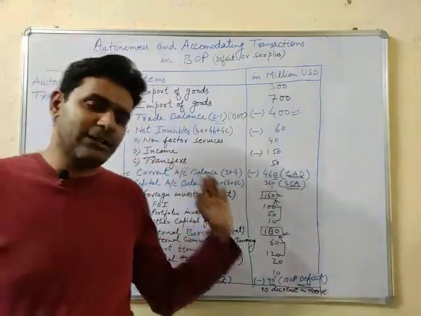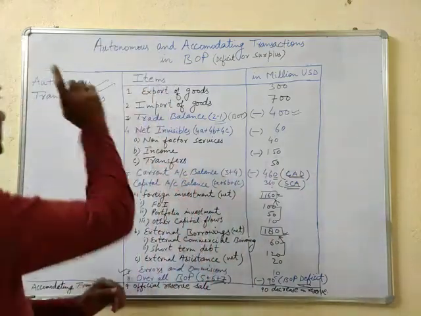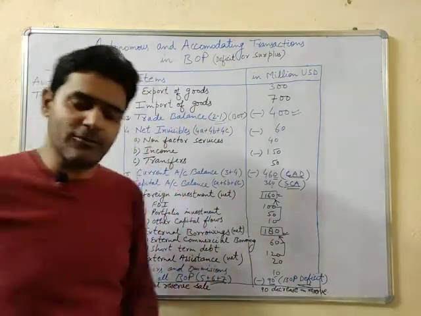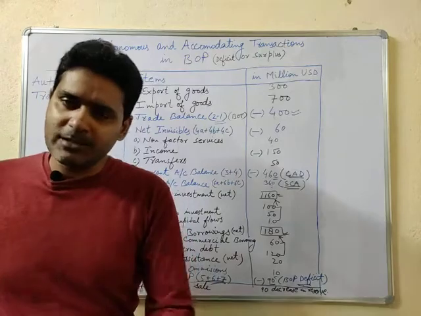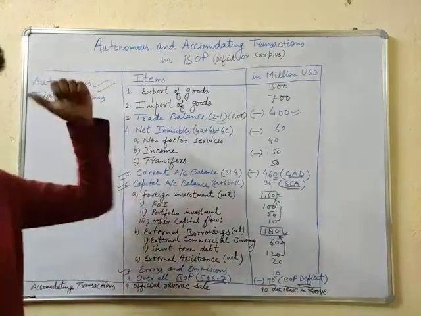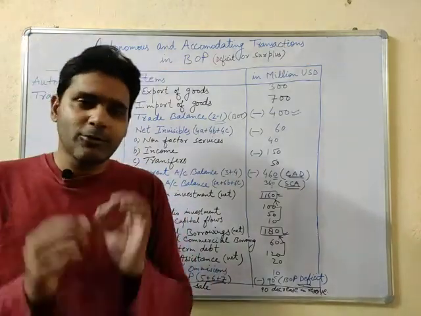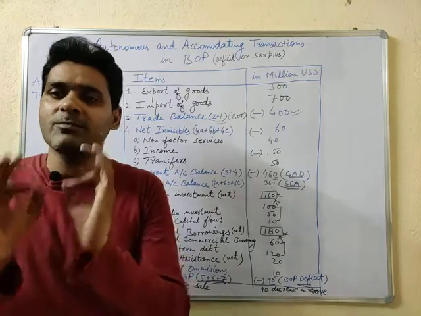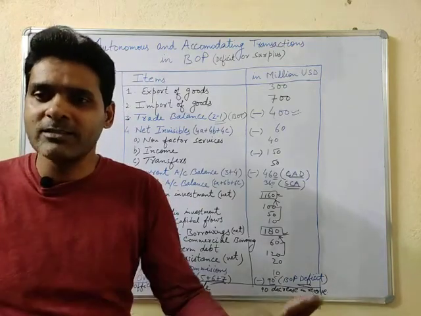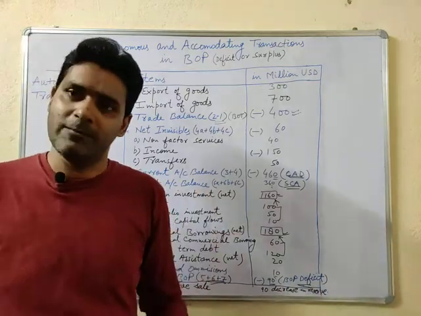If there is a deficit in the BOP, this is due to these autonomous transactions only. If there is a surplus in the BOP, this is due to autonomous transactions only.